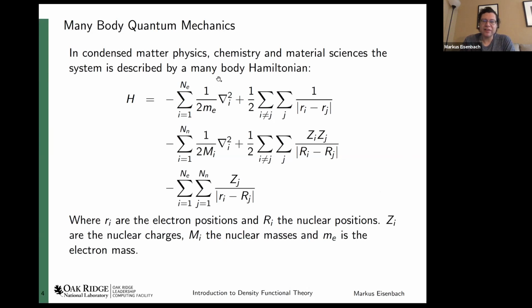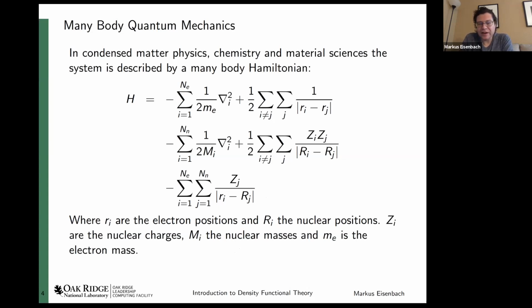So we have the kinetic energy of all the electrons, the interaction of the electrons, the kinetic energy of all the nuclei, and the interaction between the nuclei, and finally the interaction between the nuclei and the electrons.